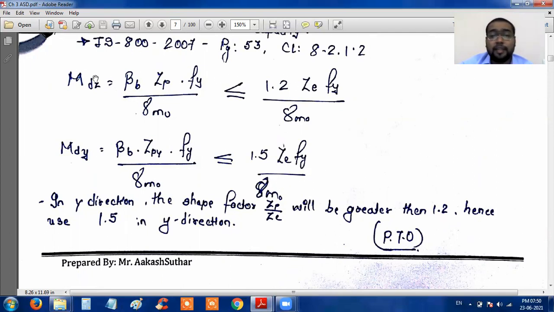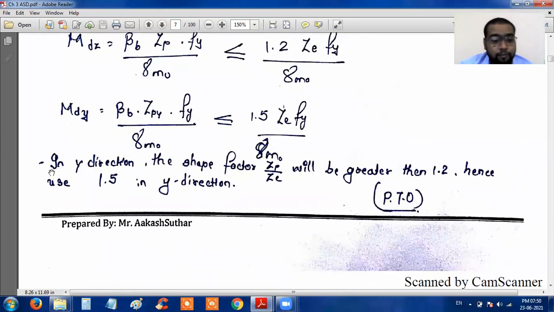Here in the Z direction, we consider 1.2, and in the Y direction we consider 1.5. Okay. In the Y direction, the shape factor Zp upon Ze will be greater than 1.2, hence use 1.5 in the Y direction.